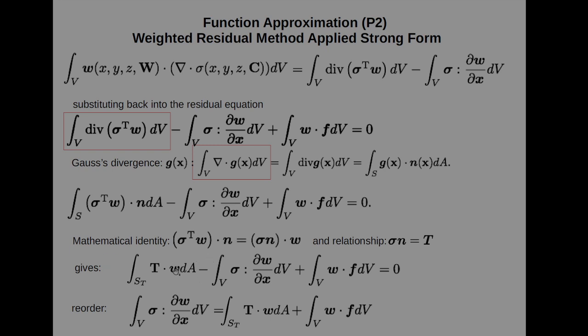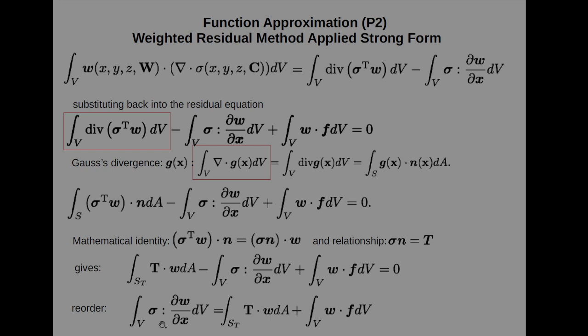The area integral of t dot w, minus this term there that was there all along, plus the body forces equals 0. Okay, and I can reorder the equations a little bit and take this towards this side, and say it's this sigma double dot, this double contraction, which is an operator that I'll explain in a bit.